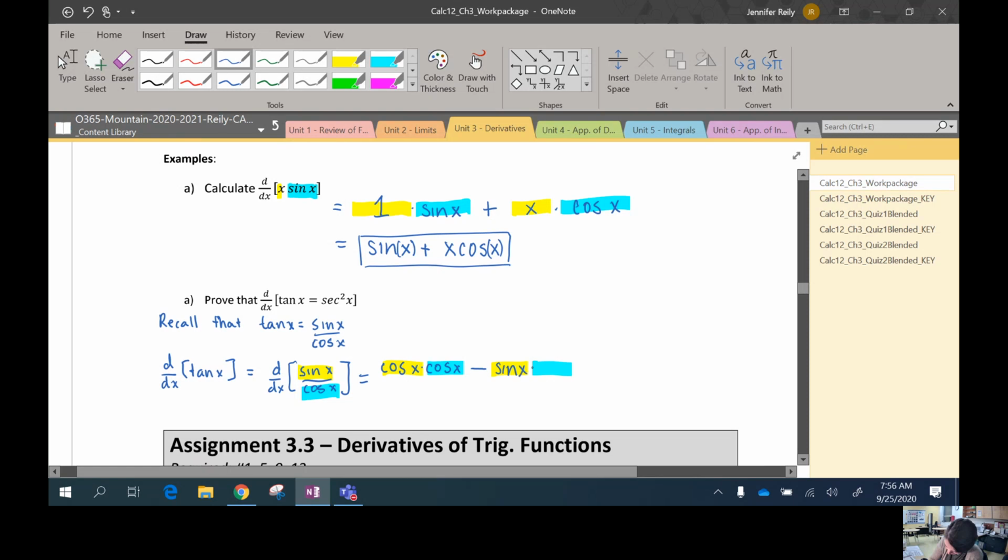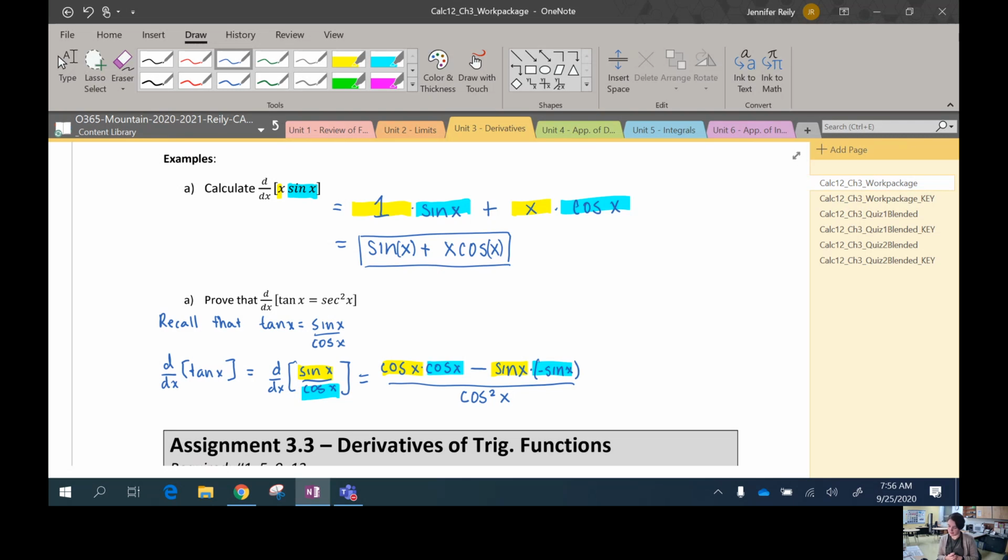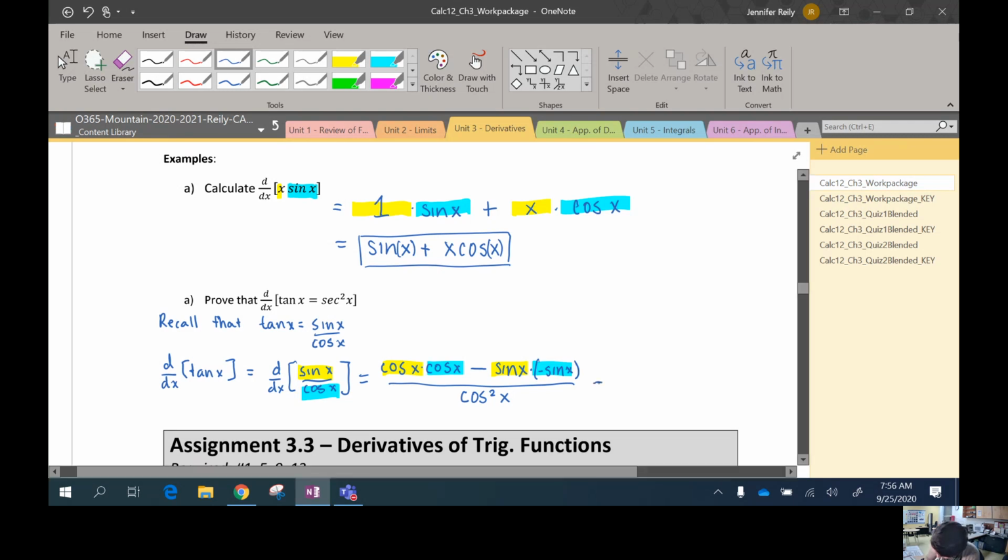So I have sine x times the derivative of cos x is negative sine x, all over the denominator squared. And notice I used that notation where we put the exponent next to cos. Okay, and I'm just going to clean this up. So cos x times cos x is cos squared x. Sine x times sine x is sine squared x. And notice the two negatives there, so I'm going to change that to a plus sign, all over cos squared x.